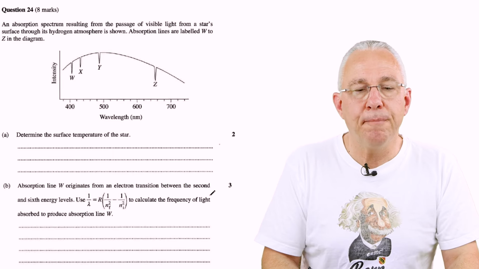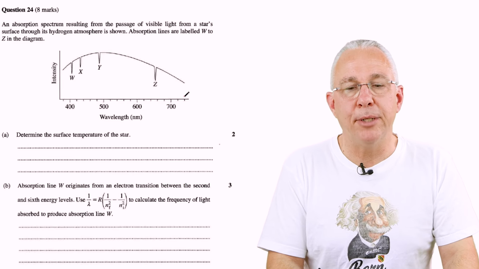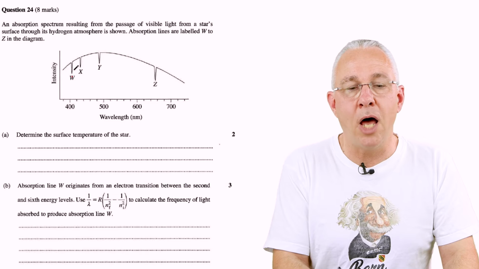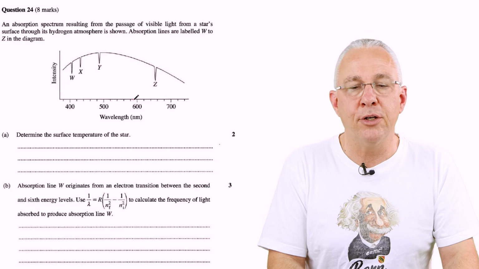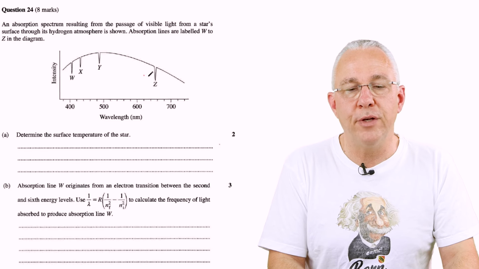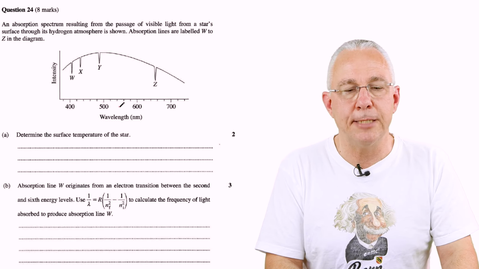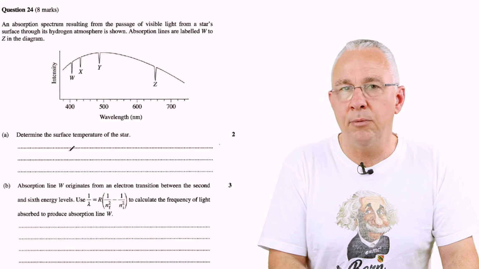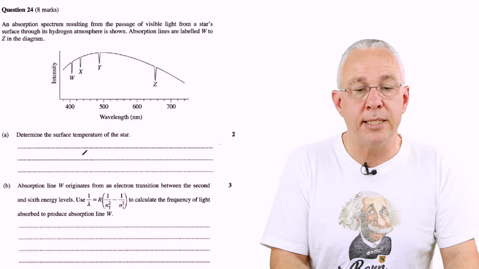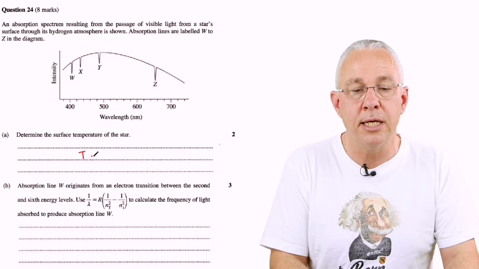Question 24. And here we have basically a black body curve with a few lines missing. In other words, this is an absorption spectrum with a black body curve. And we've got 1, 2, 3, 4 absorption lines. The first question asked is, well, what's the surface temperature of the star? Here we have to invoke Wien's law that says basically that the temperature of a star is equal to the constant divided by the wavelength that has the maximum intensity.